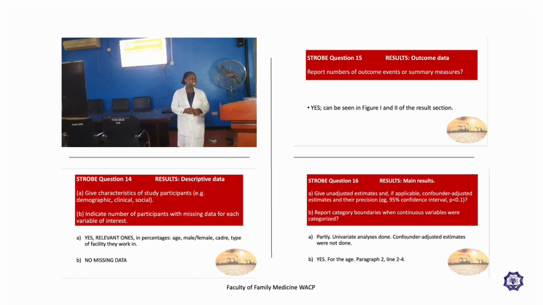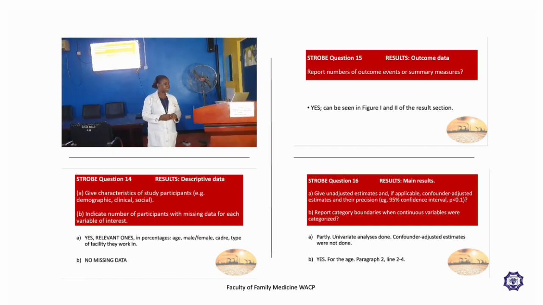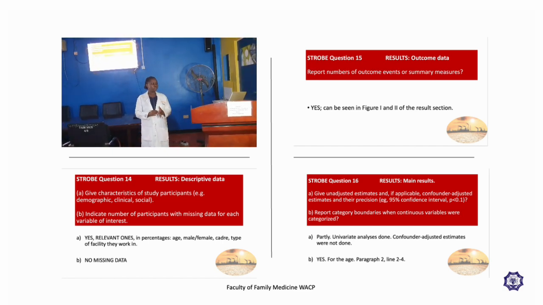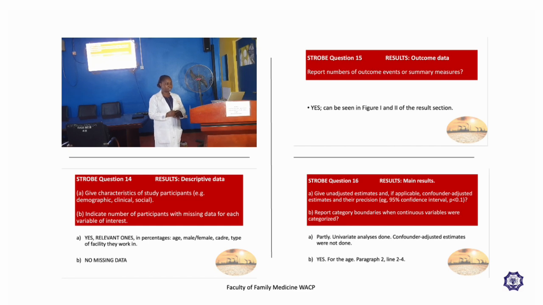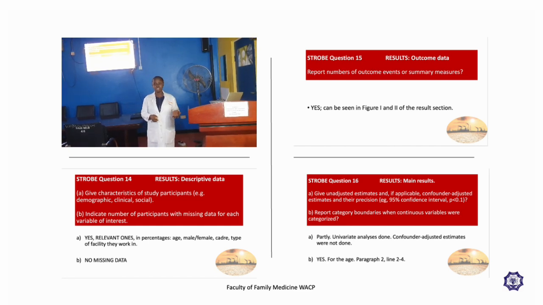Then, do they give unadjusted estimates, and if applicable, confounder-adjusted estimates and their precision, given the confidence interval and the level of significance? They stated that in the... Okay, why the response is not showing is because I intend to ask it as a question too.